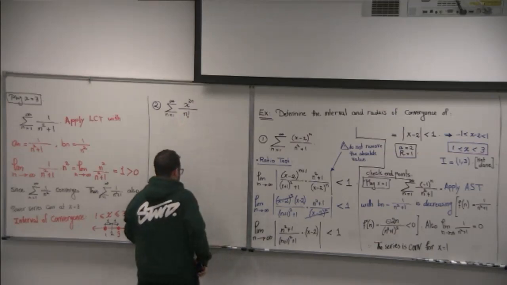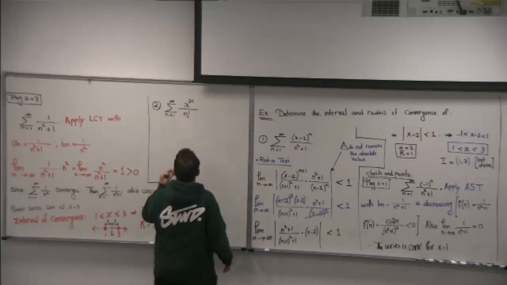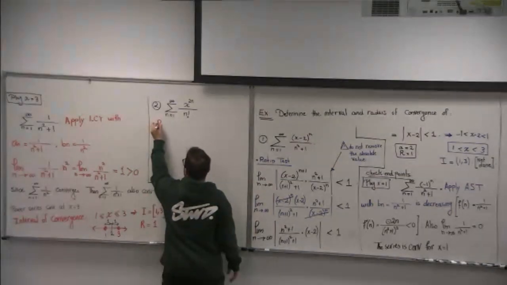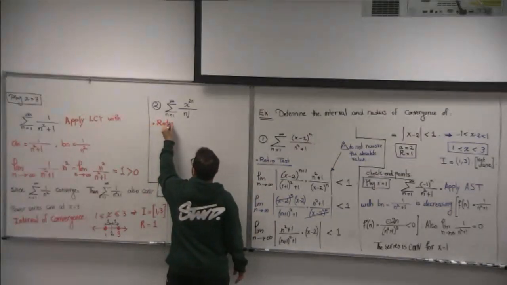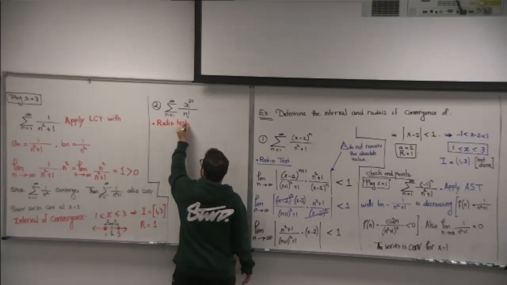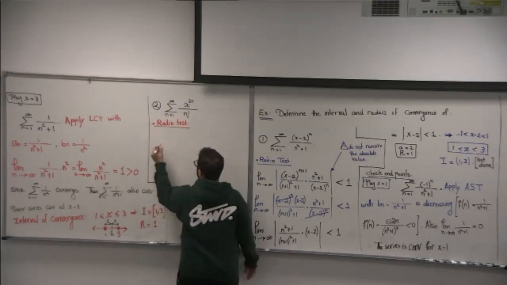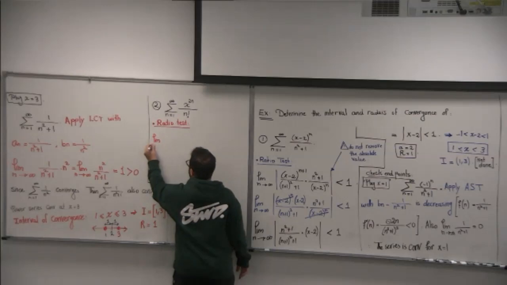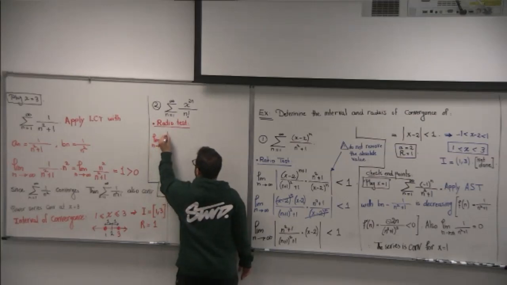Again, you apply the ratio test. So you say limit n goes to infinity of absolute value.